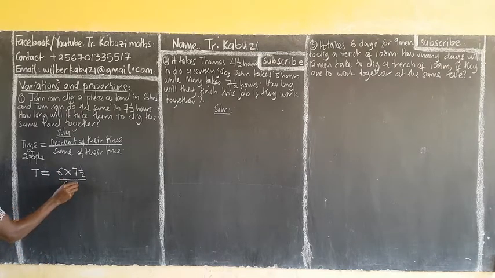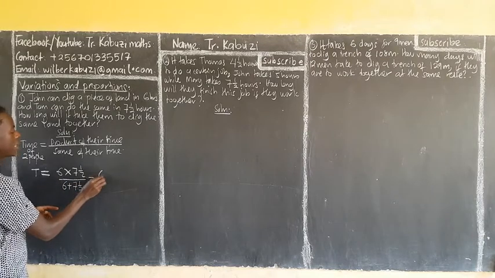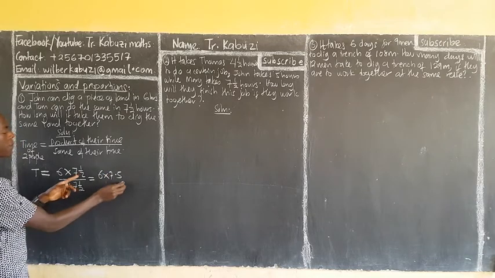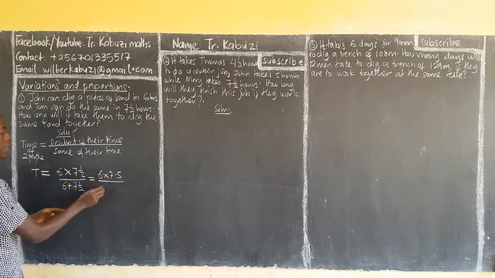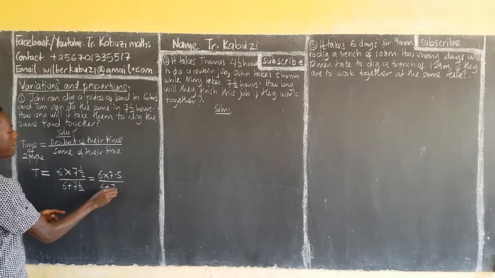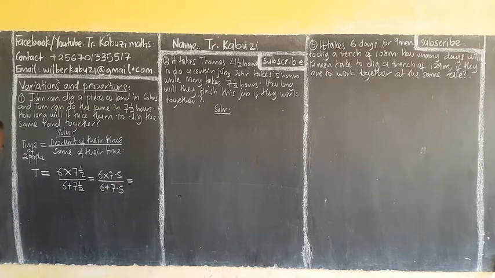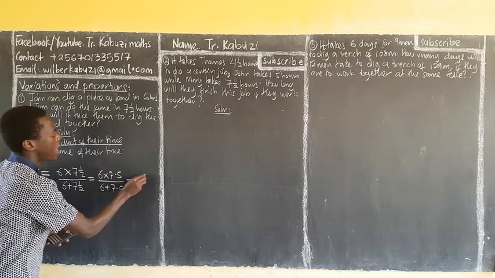So 6 plus 7.5. This will be the same as 6 times 7.5. This half is 0.5, then this will be 6 plus 7.5. When you put this on the calculator, you have 6 times 7.5, here you have 45.